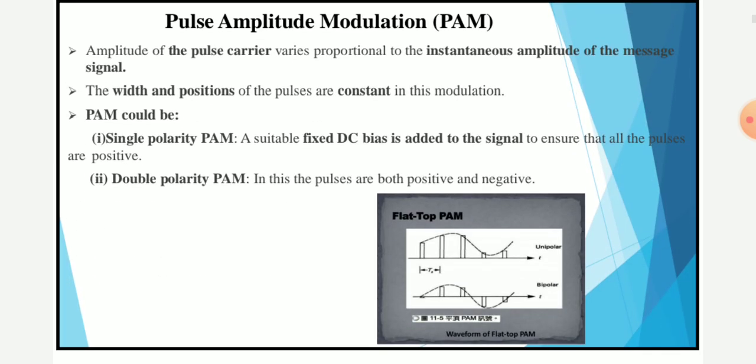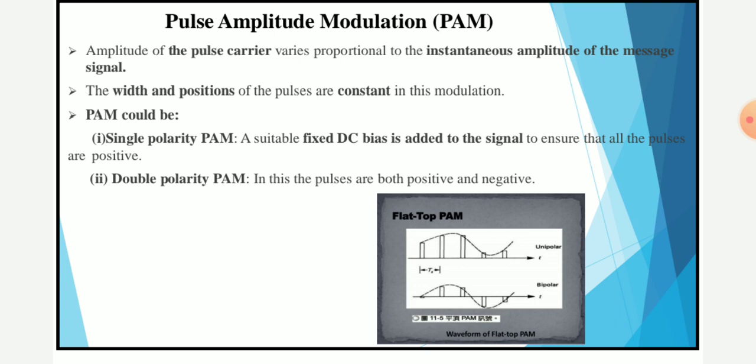The first type is pulse amplitude modulation, generally called PAM. As the name defines, the amplitude of the pulse varies in accordance with the instantaneous values of the message signal. Here the message signal is a continuous signal, and based on its amplitude, the amplitude of the pulse will be varied.